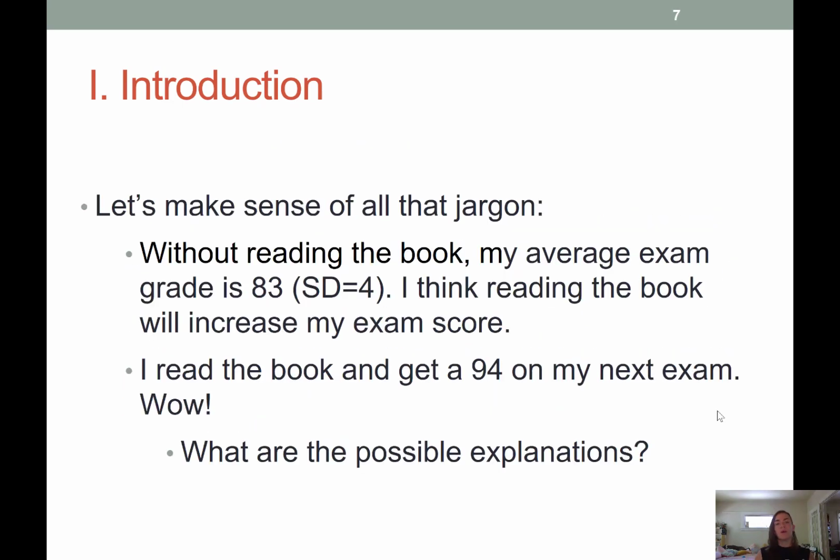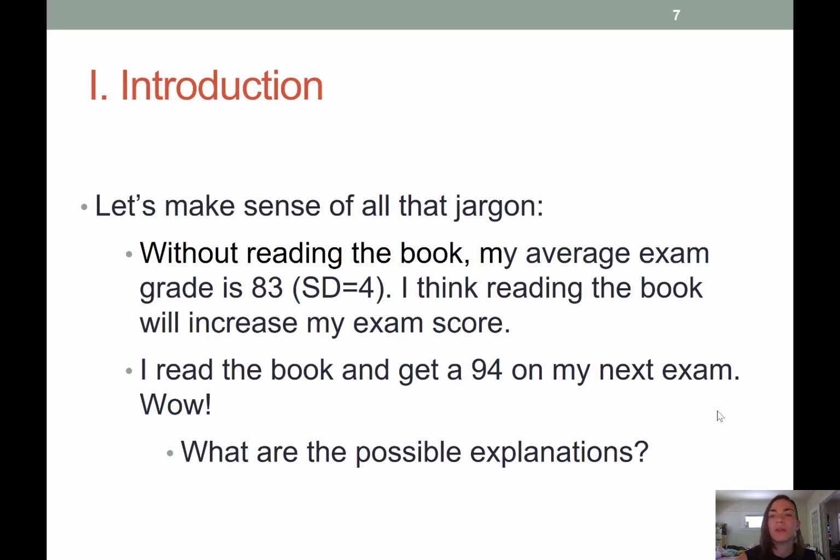Okay, so let's walk through another example because I know this is kind of an abstract, complex concept. Imagine that I know that my average exam score, without reading the textbook, I've been a terrible student this semester, I haven't been reading my textbook, but I've been able to manage an average exam score of an 83 with a standard deviation of 4.